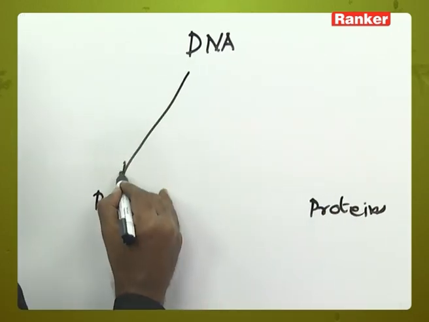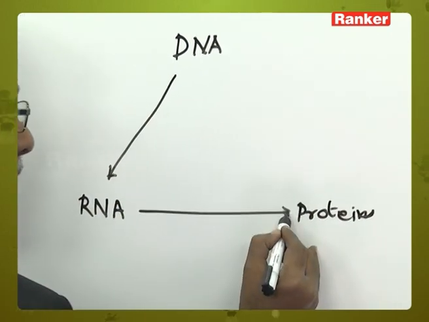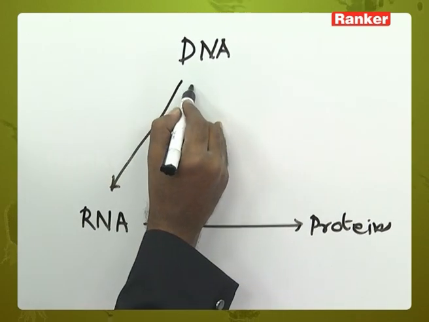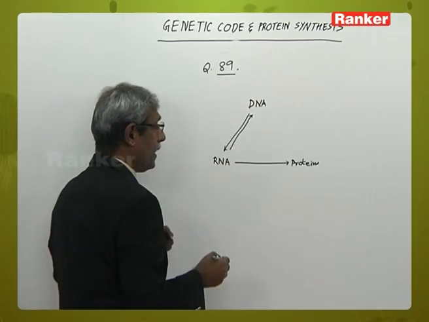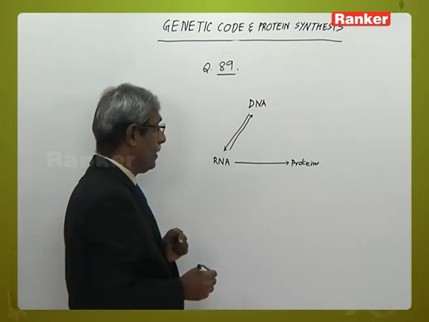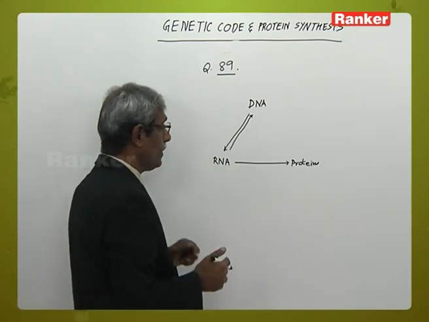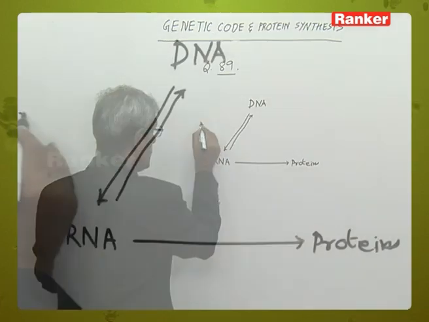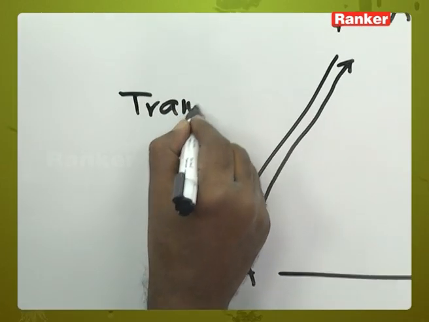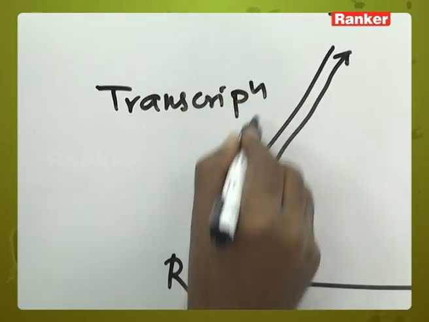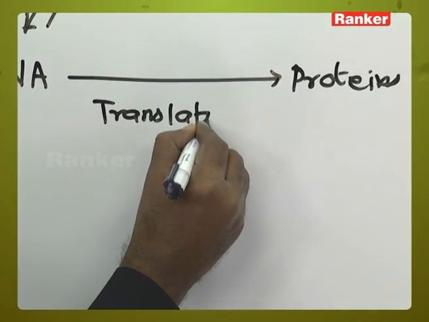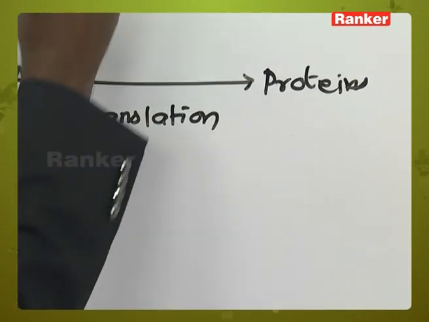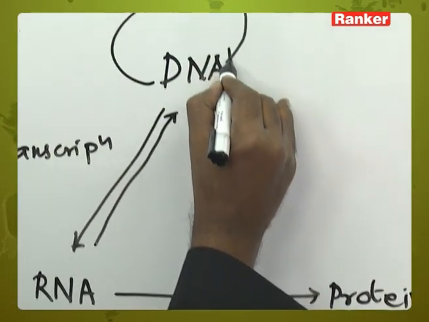Sometimes in viruses, RNA can also form DNA. This process is called transcription, and this process is termed translation. In addition to this, DNA can also form DNA.